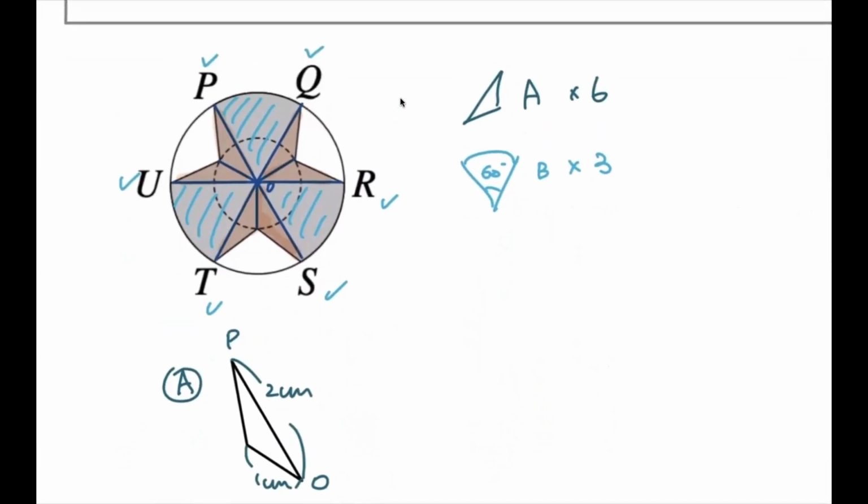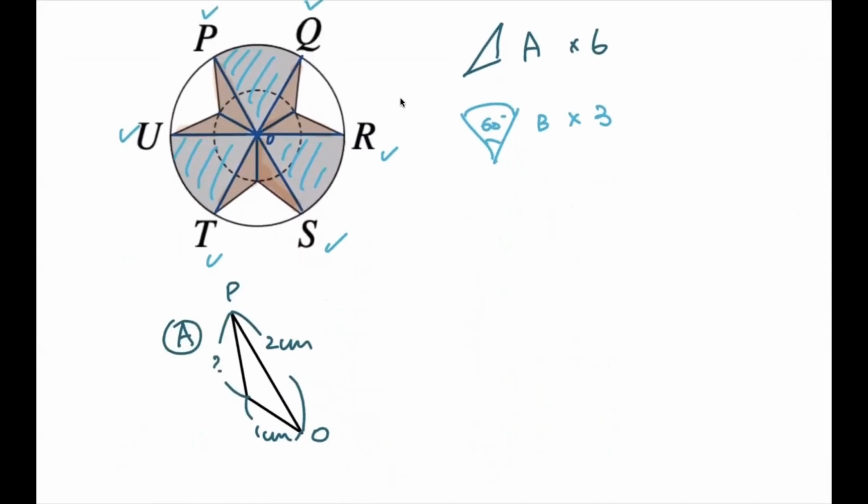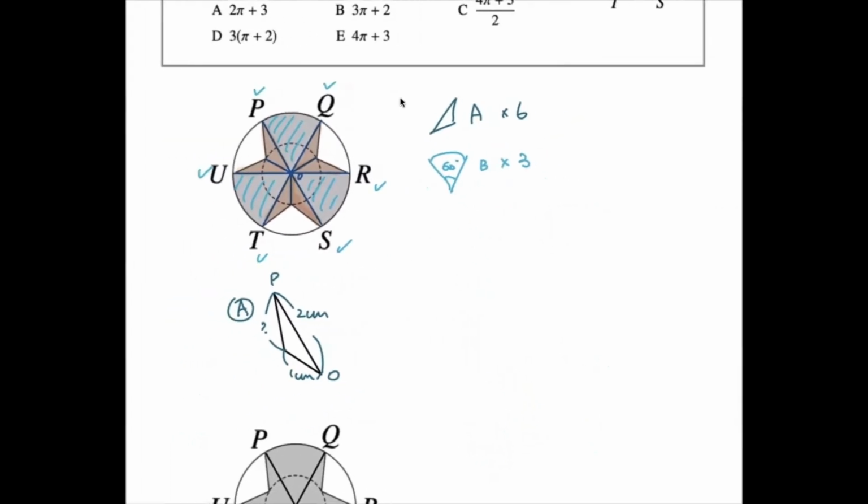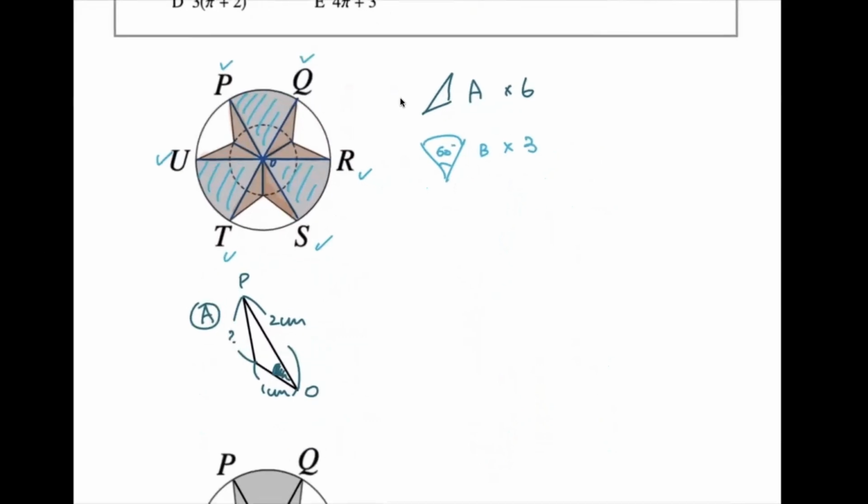However, we don't know the length of this one. So we may have to figure out some angles. Let's see if we can get this angle because it's between the two, and maybe we can use the sine rule, which uses the angle between two lengths that we know.